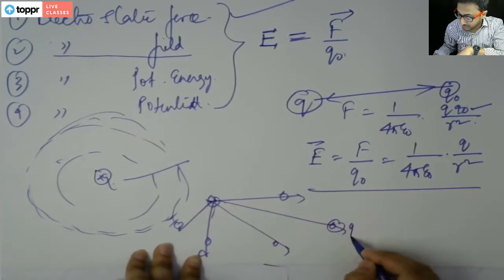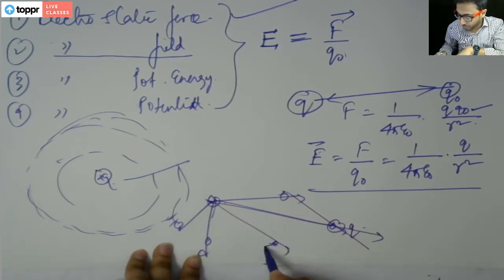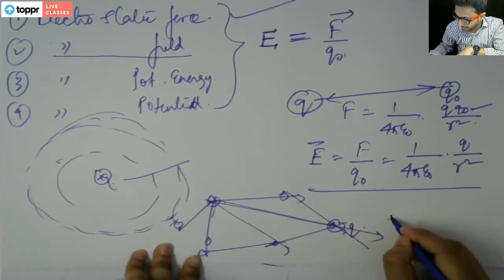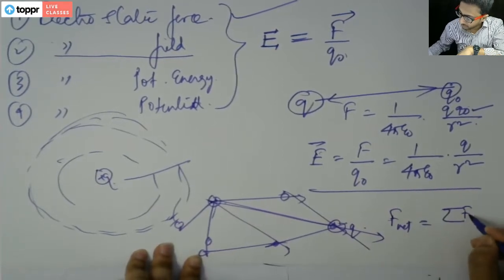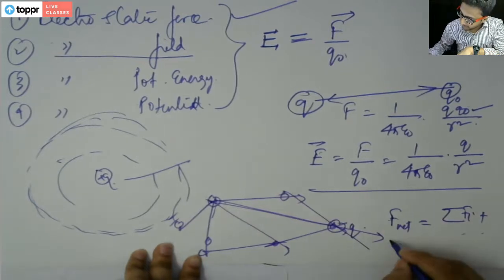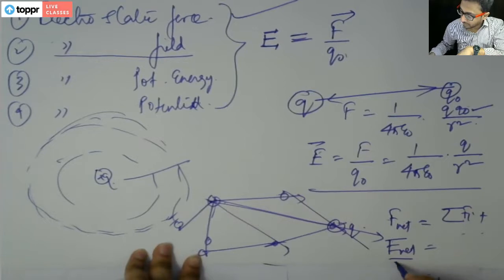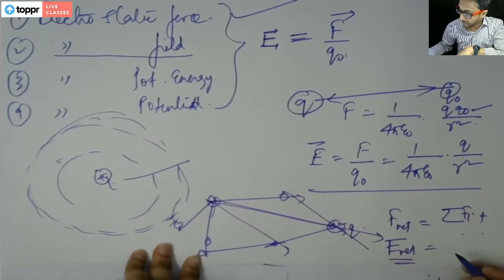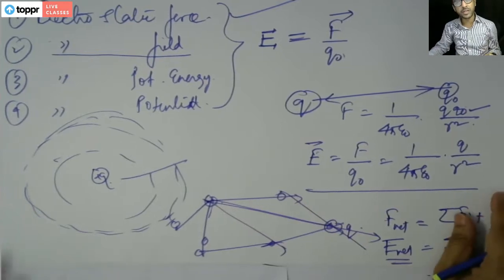The net force will be the summation of all the individual forces. Same thing can be told in case of net electrostatic field. So E will be the summation of all electrostatic fields.